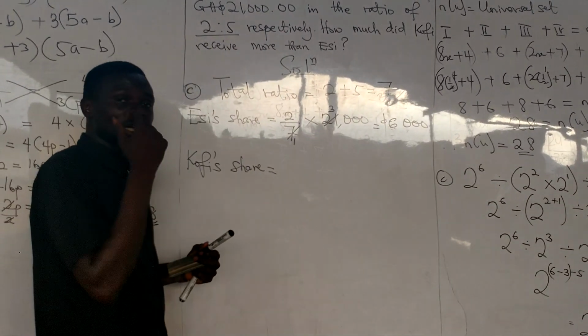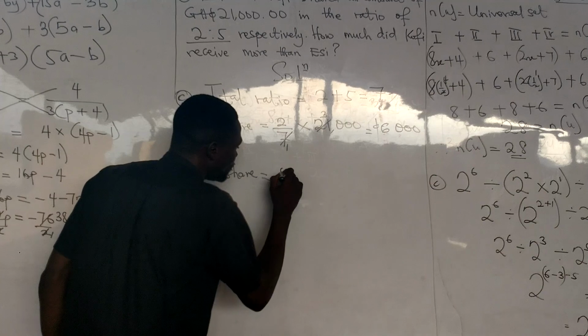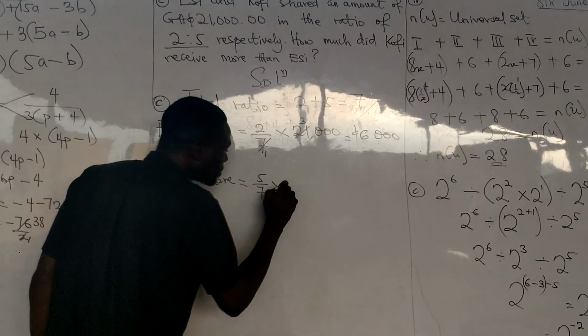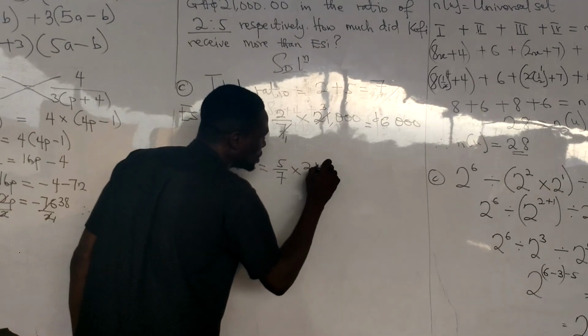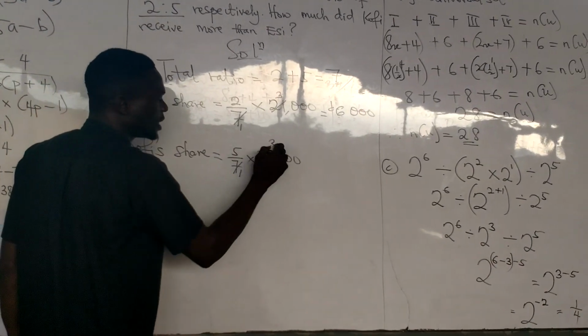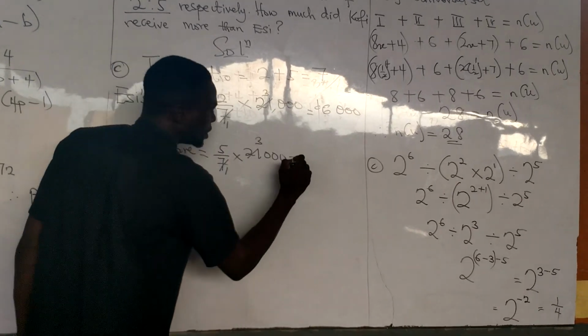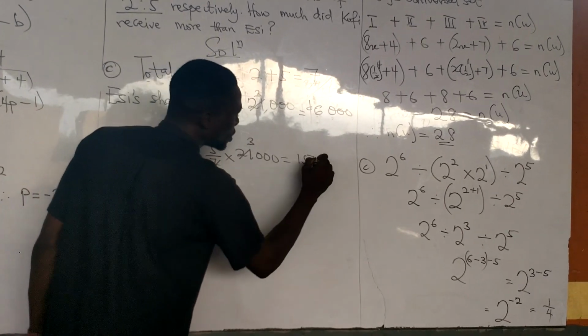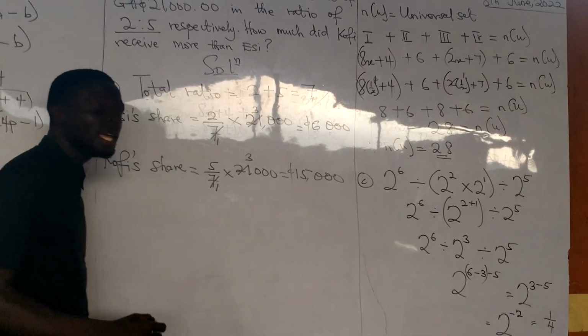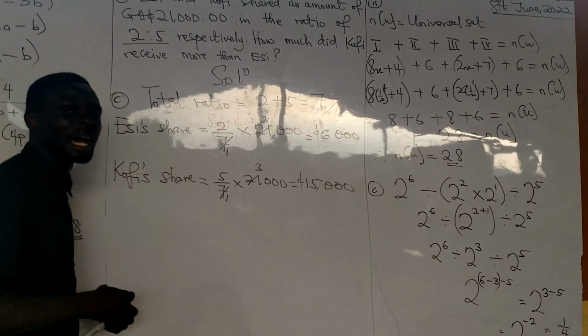But in terms of calculating it by ratio, Kofi's ratio is 5 over total ratio, 7, multiplied by the amount shared. Also 7 into 21 is 3. 5 times 3 gives you 15. If you include the zeros, this will give you 15,000. It means Kofi received 15,000.